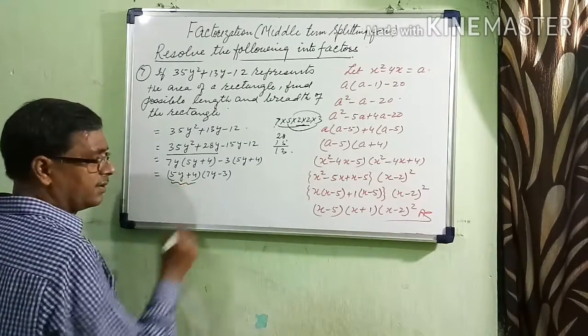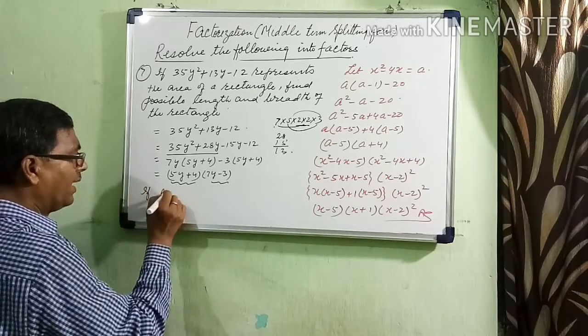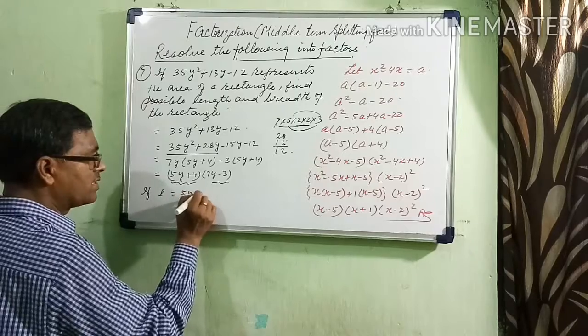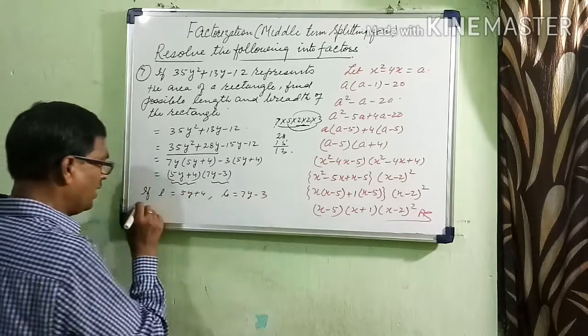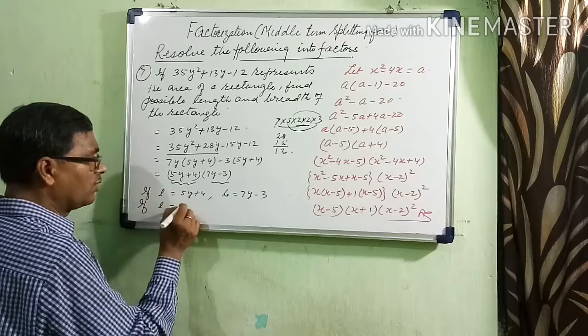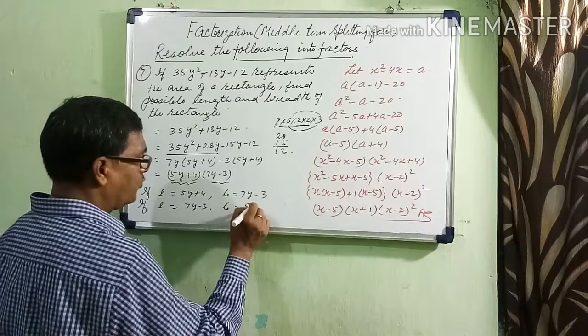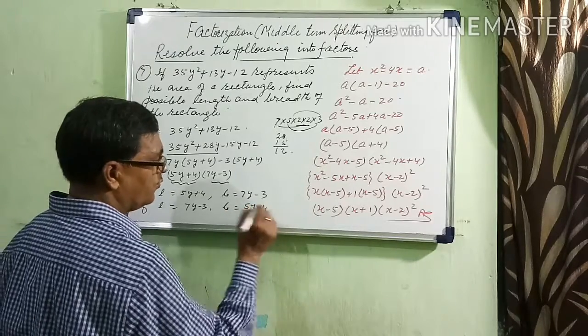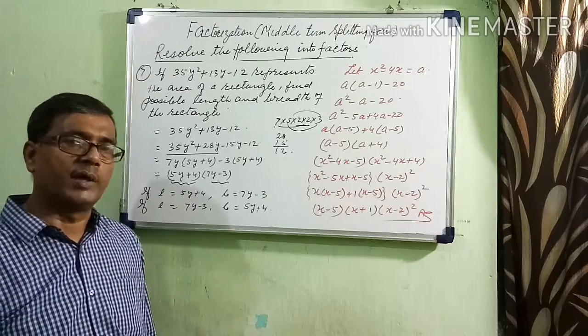If this is length, then this will be breadth. So if L is equal to 5y plus 4, breadth is equal to 7y minus 3. If L is equal to 7y minus 3, breadth is equal to 5y plus 4. So these are all possible length and breadth.